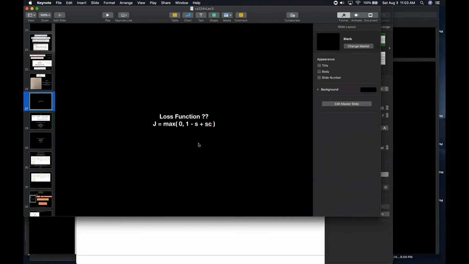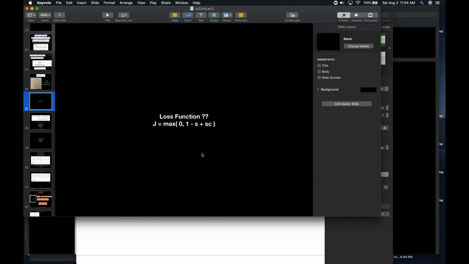I think something like this is covered in lecture 4, if my memory serves well. But I was just playing around with understanding the history of how this evolved into ReLU, so I was just curious. This may be the case: this equation quite resembles the equation of ReLU, where 1 minus S plus SC is kind of the x of ReLU.